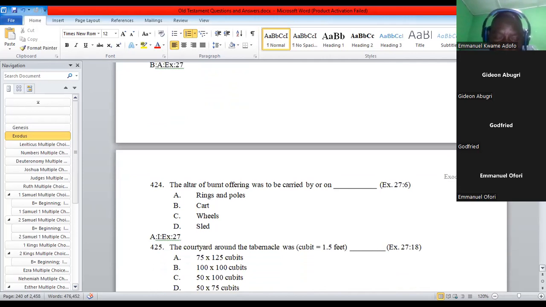The courtyard around the tabernacle was, verse 18. Let me try something. 150 feet?